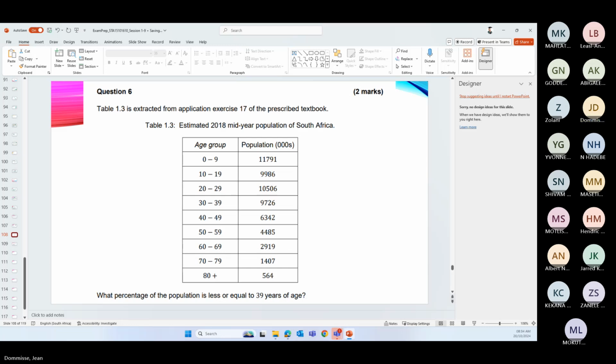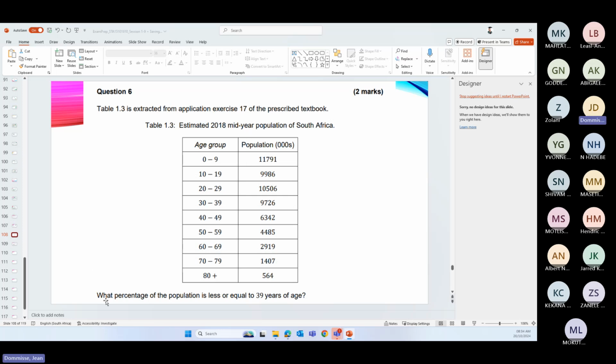Okay, so question 6. On question 6, this table is extracted from the book, and here are age numbers: age groups 0 to 9, 10 to 19, and then population sizes.